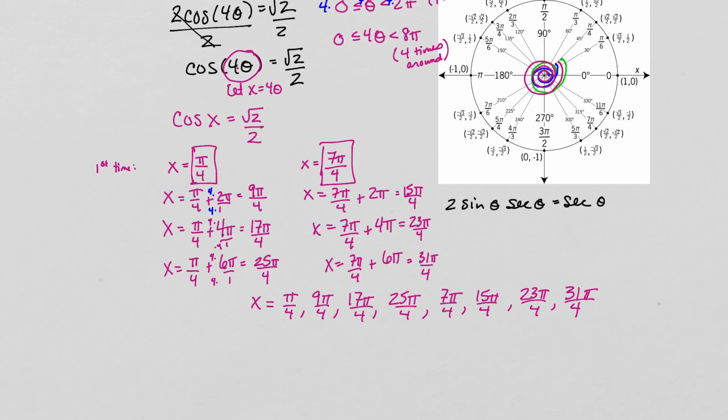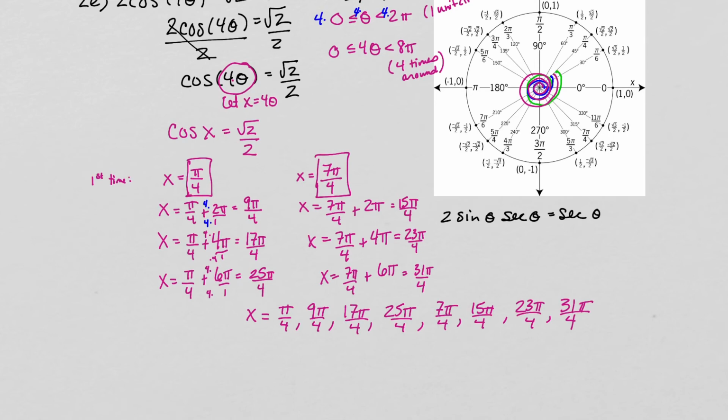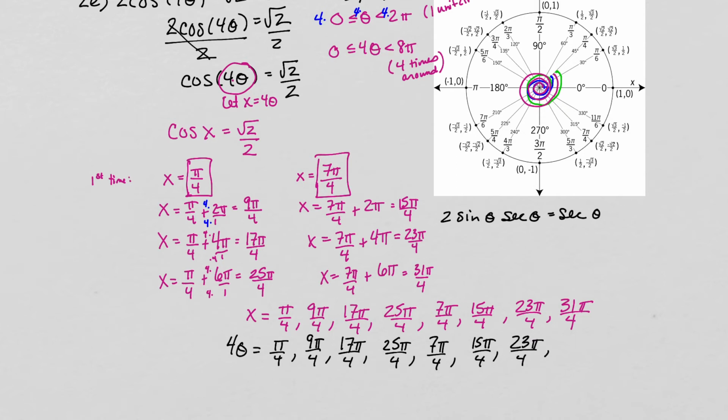Remember, here we said x was the same as 4 theta. We really want our answers to be theta. So this is really saying 4 theta is equal to pi over 4, 9 pi over 4, 17 pi over 4, 25 pi over 4, 7 pi over 4, 15 pi over 4, 23 pi over 4, 31 pi over 4.